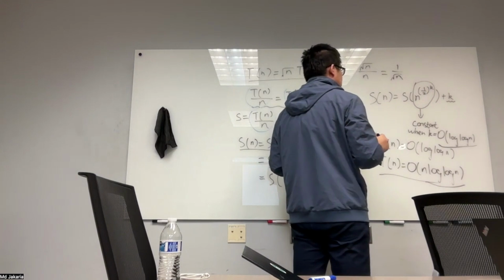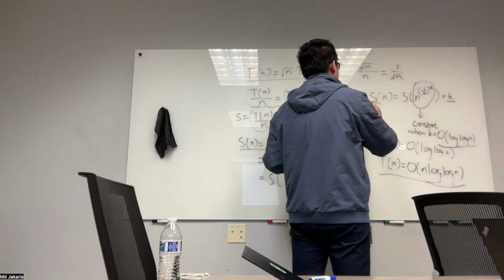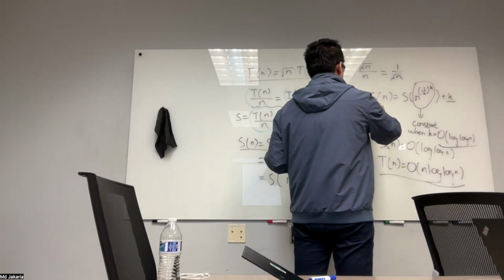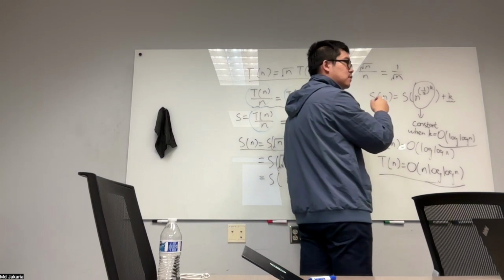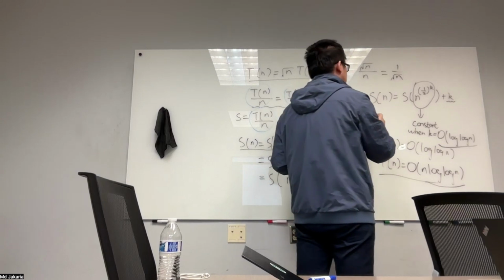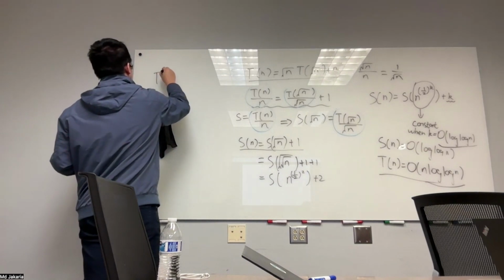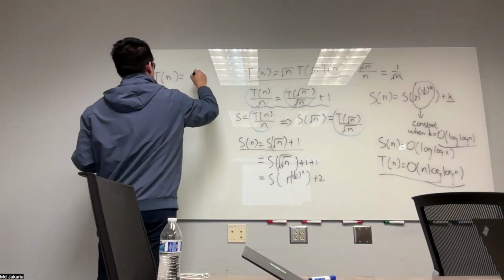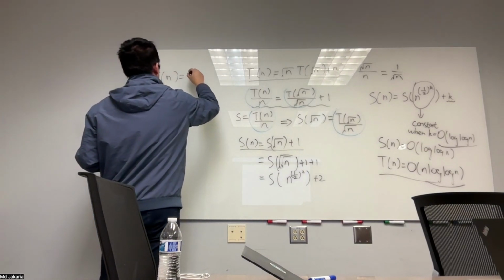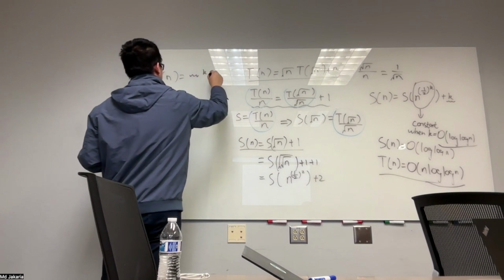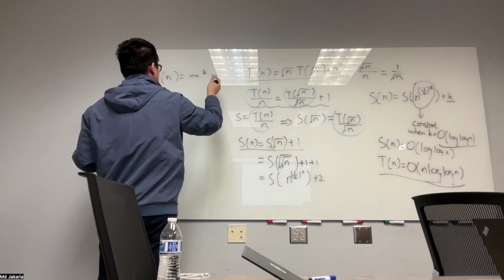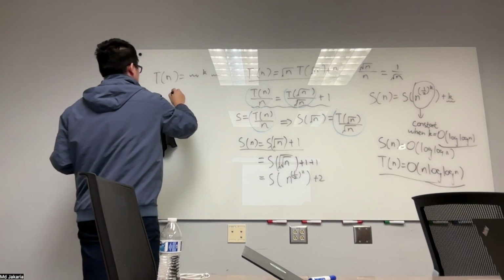So when we are expanding, we remember the direct expansion where we have, let's say, T of n equals something related to k and then something else.